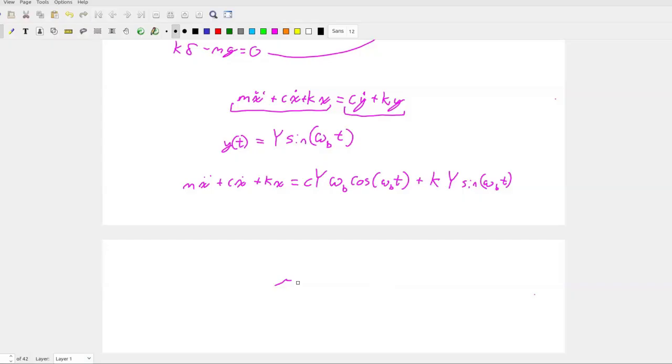And the capital Y is the scalar for the amplitude of the forcing function. And again, we get cosine by taking the derivative of sine. That's what happened to our y dot.